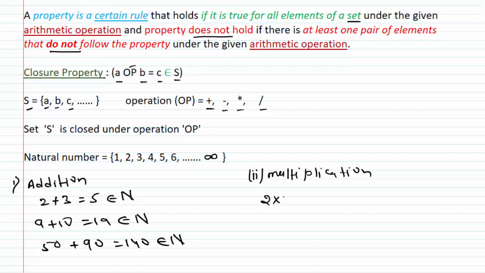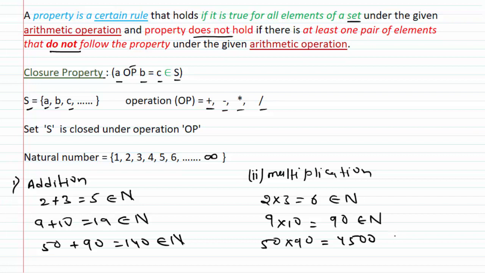Here 2 into 3 equal to 6, it again belongs to natural number. 9 into 10 is equal to 90, it again belongs to natural number. Then 50 into 90 equal to 4500 and it again belongs to natural number. So we find that all the elements of the natural number set is following the closure property.